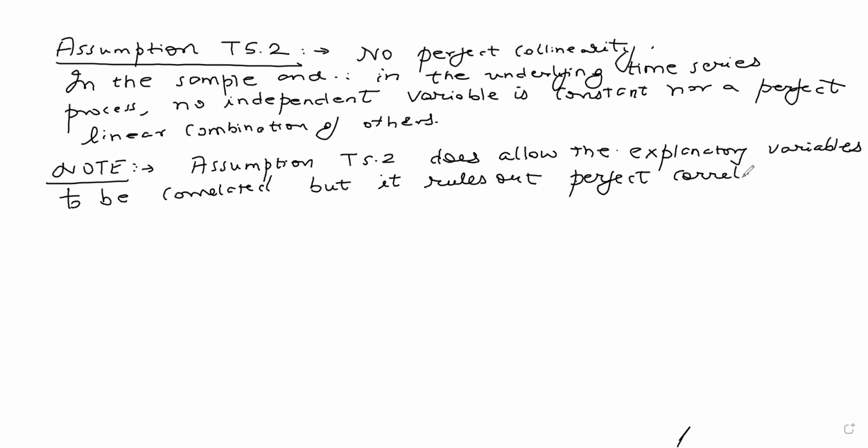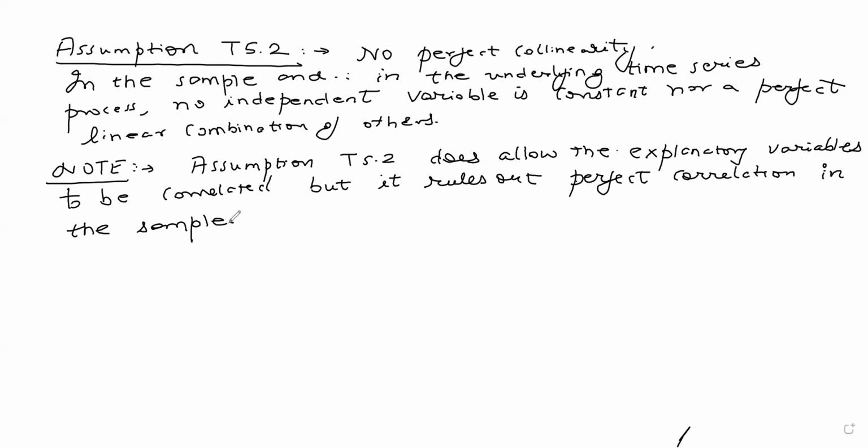That means the independent variables in the sample should not be perfectly correlated with each other. That is what assumption TS2 is telling us.